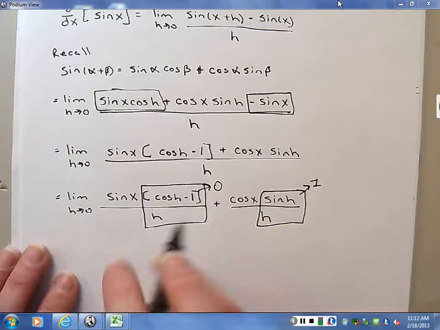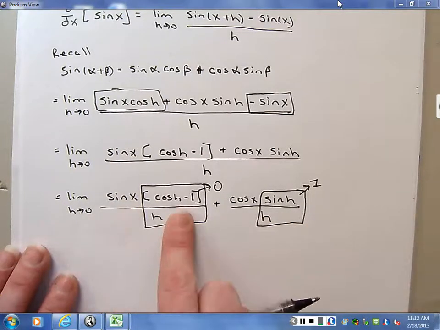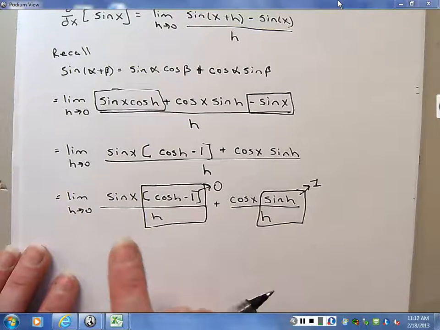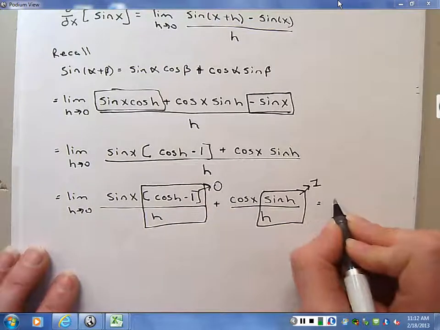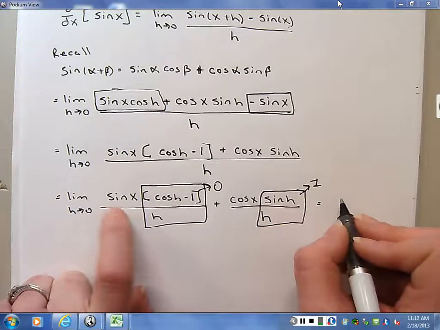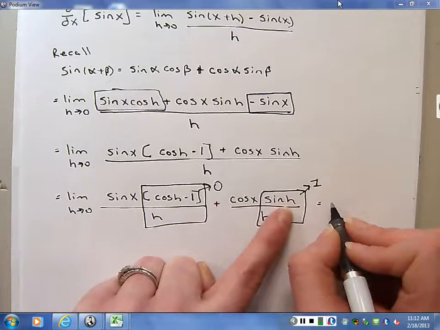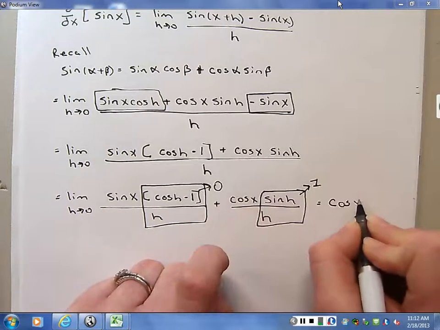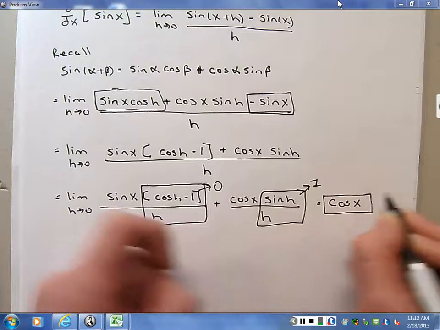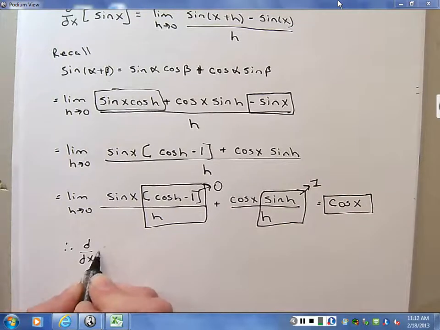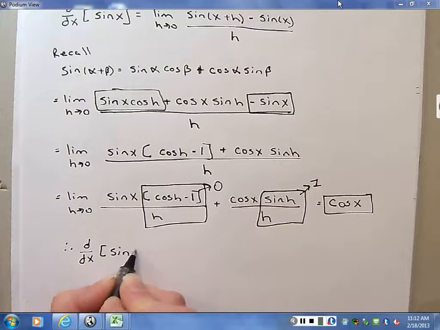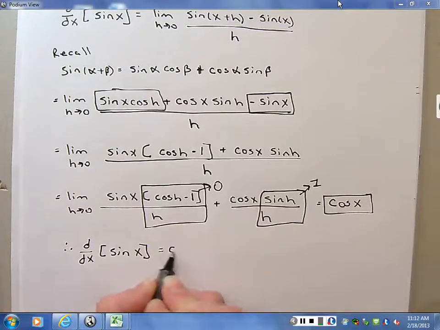So if I apply it, I have sine times something that goes to 0, which is 0. 0 times 0 is 0. Plus, sine of x times 0 is 0. Plus cosine times 1. So here I end up with cosine of x. So that tells me that the derivative with respect to x of sine of x is cosine.